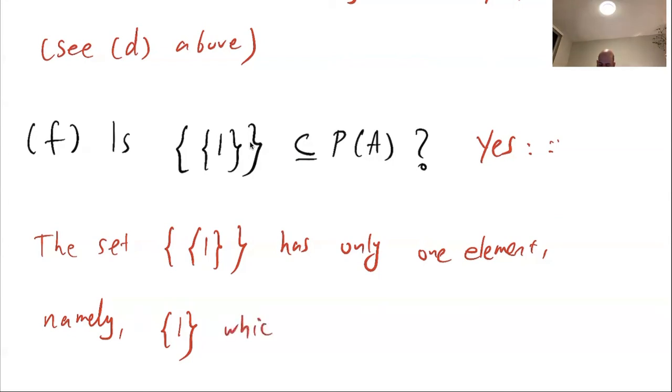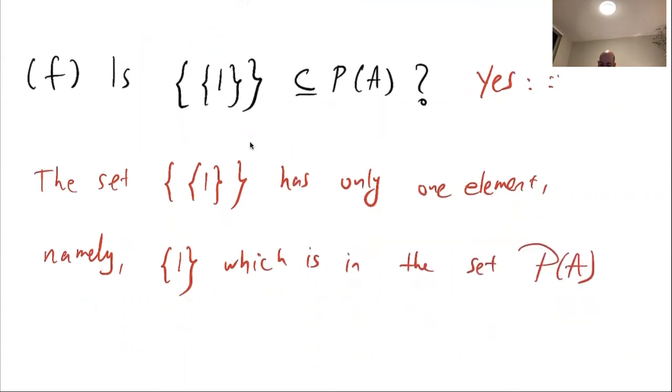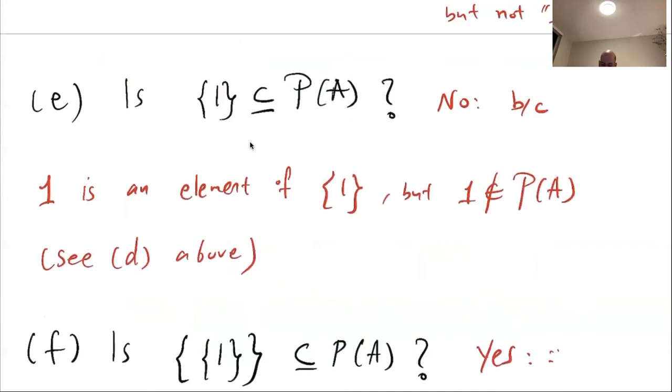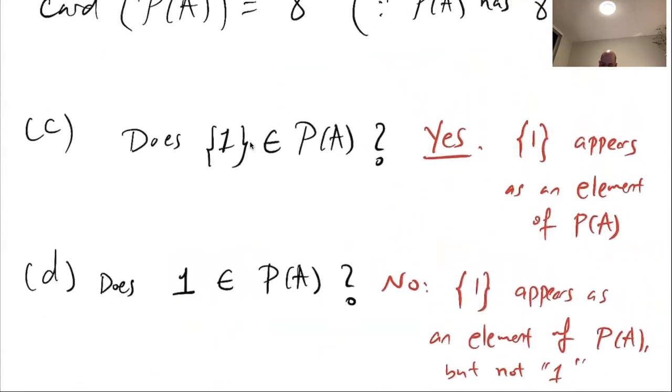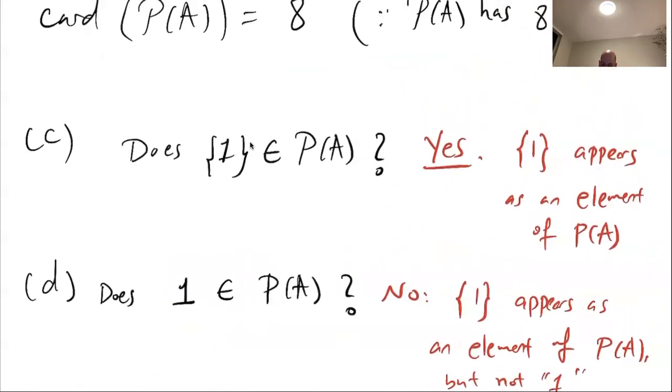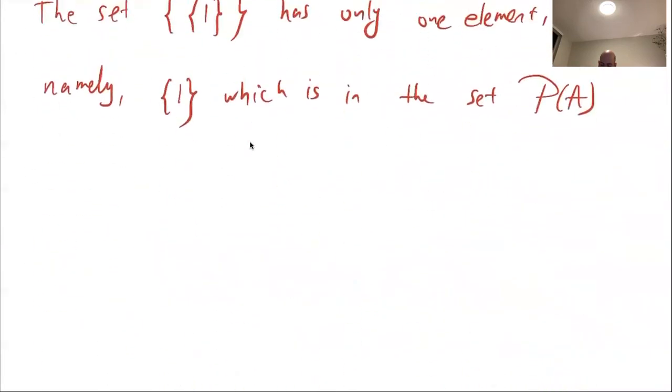Is it in the set on the right-hand side, which is P of A? Why is it? Well, we already established this in part C. Look at part C. We established that the set containing 1 is an element of P of A. And that's exactly what we want to use here.